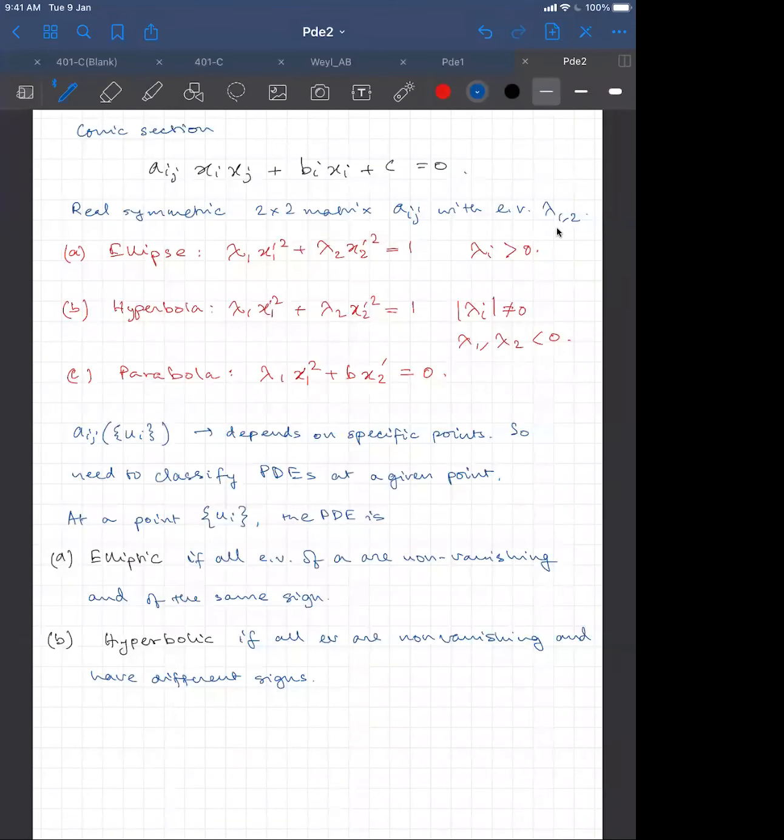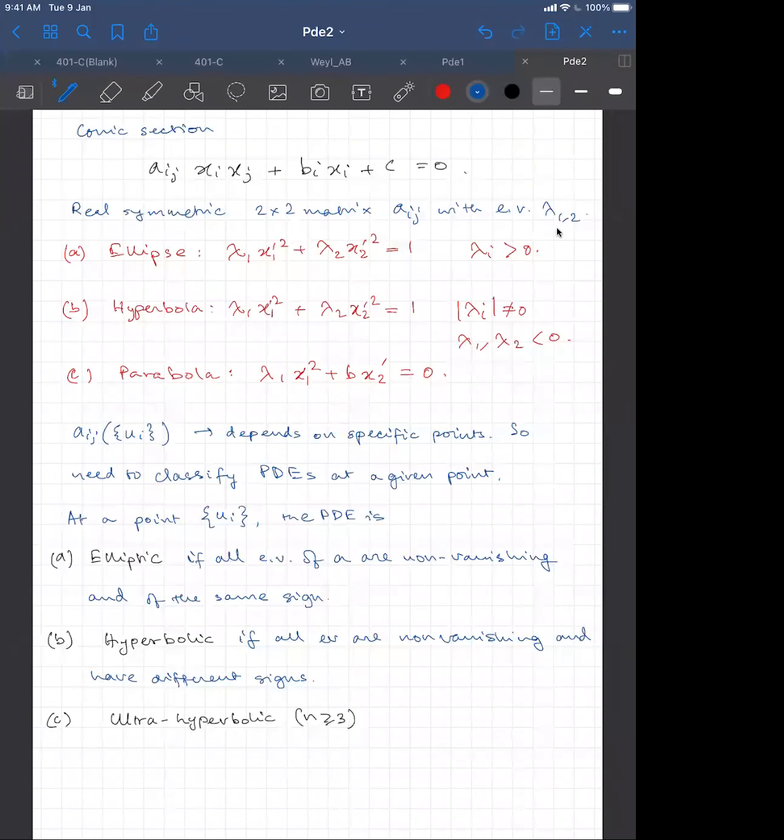There's something called ultra hyperbolic. This happens only for n greater than or equal to 3.